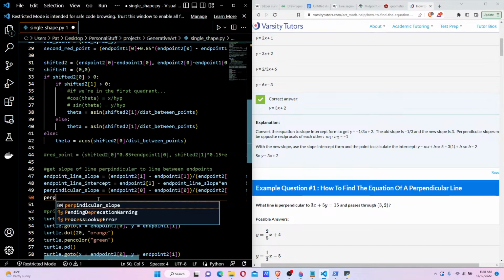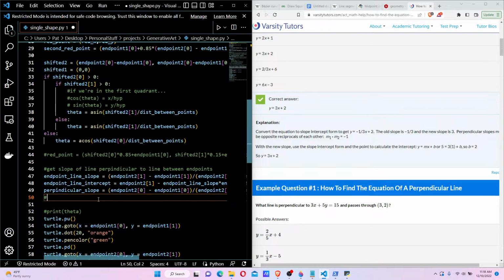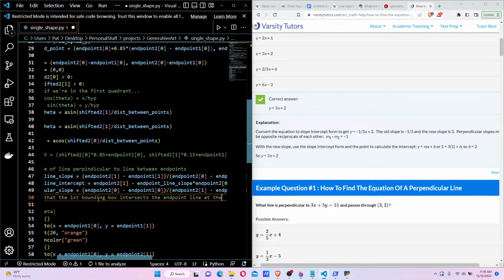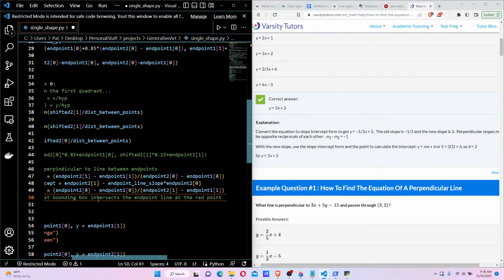And then we know that the rectangle, the first bounding box, intersects the endpoint line at the red points.